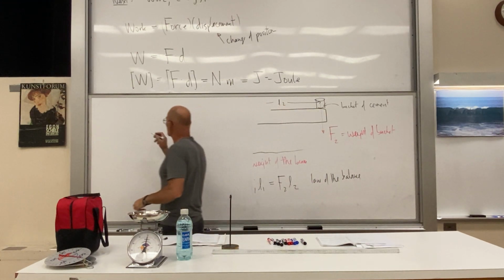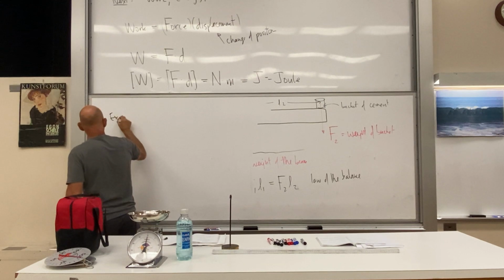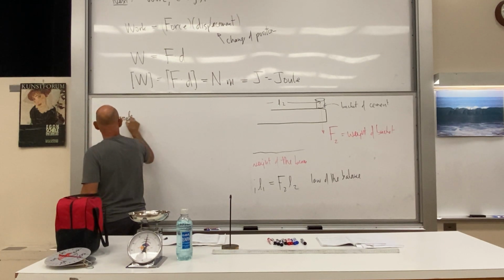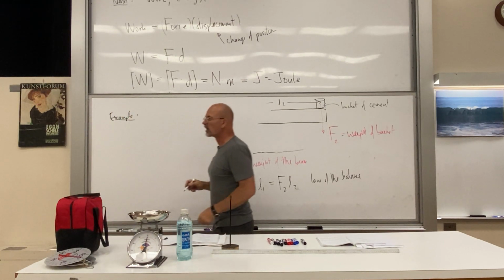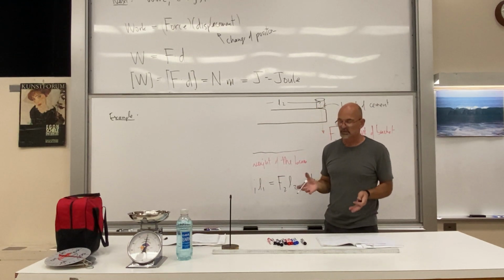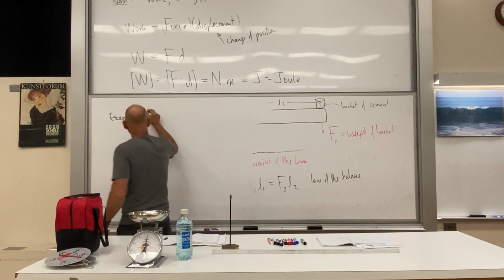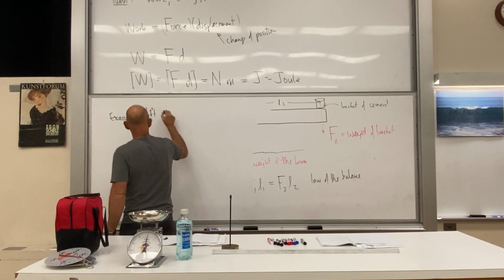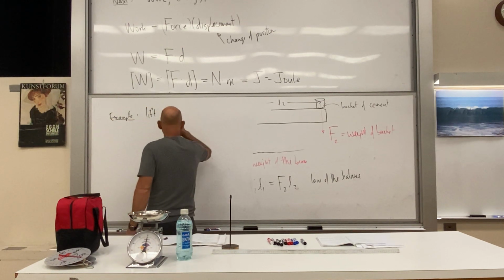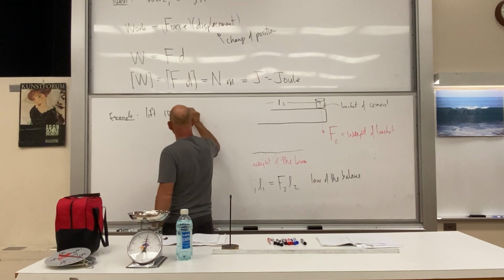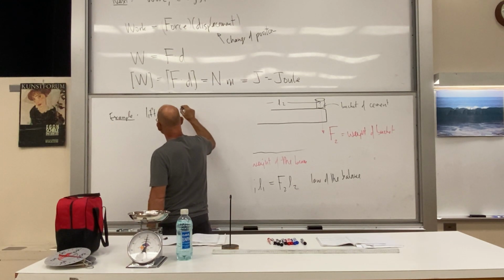So, example. And by the way, this is what all energy is going to reduce to. So this lifting thing is not too humble of an example. So lift 10 newtons, 1 meter.